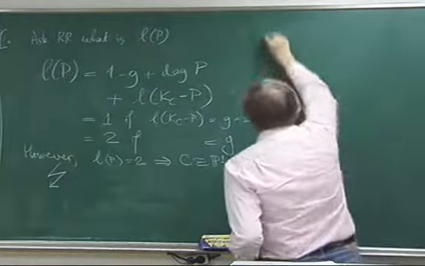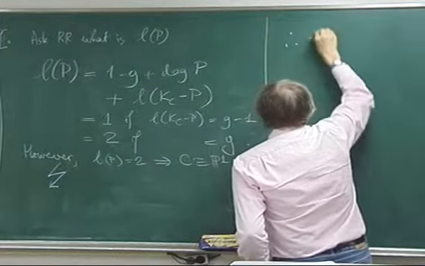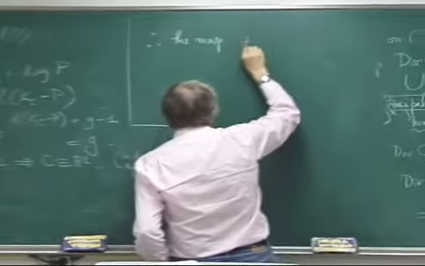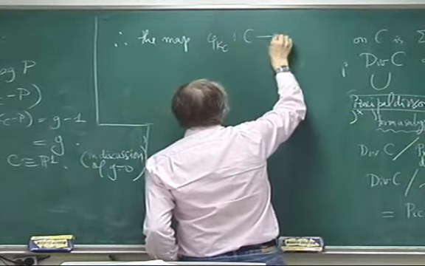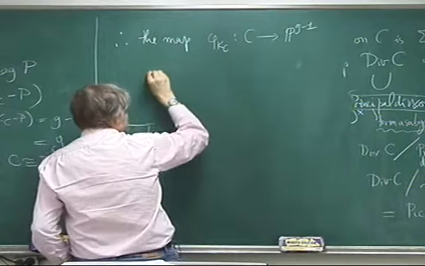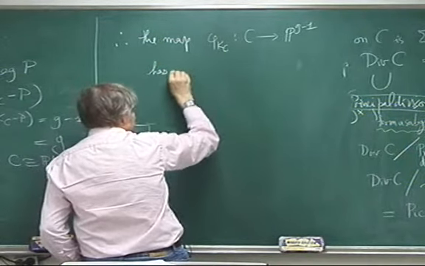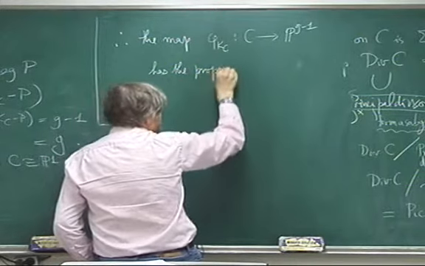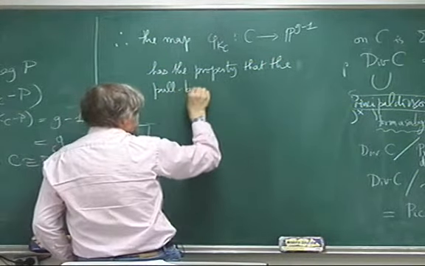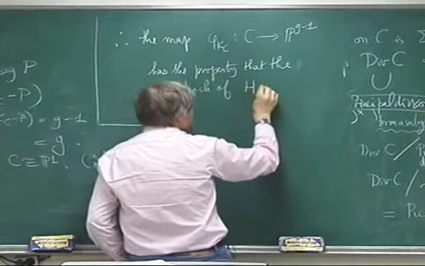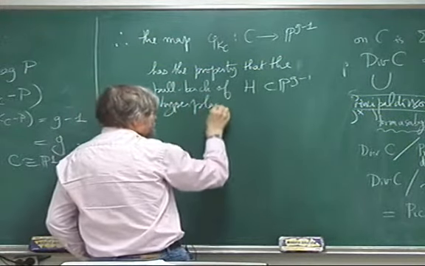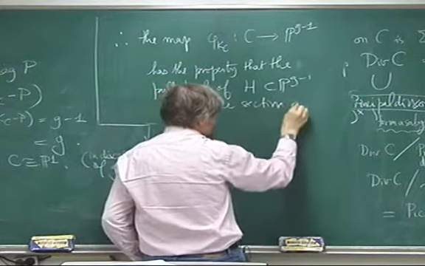So therefore, the map phi Kc from C to P^(G-1) has the property that the pullback of the hyperplane section is the whole of Kc, is Kc.